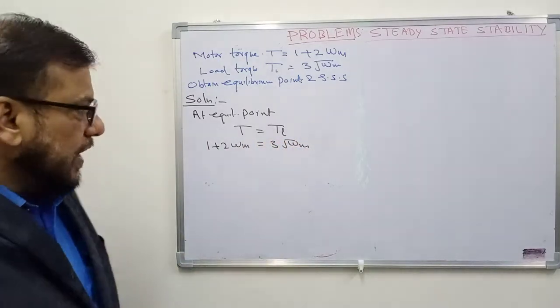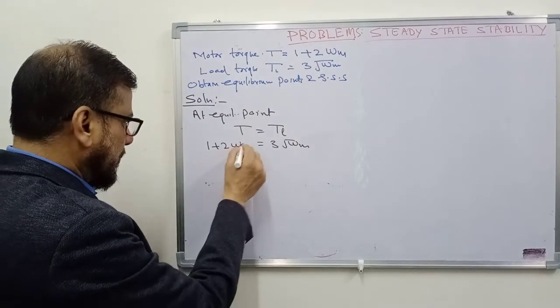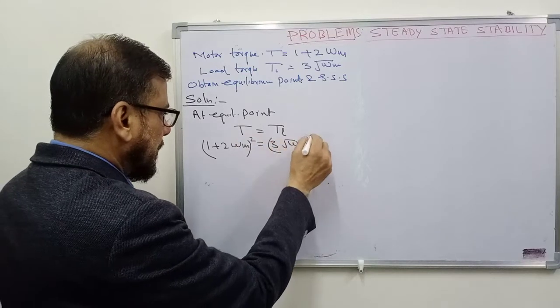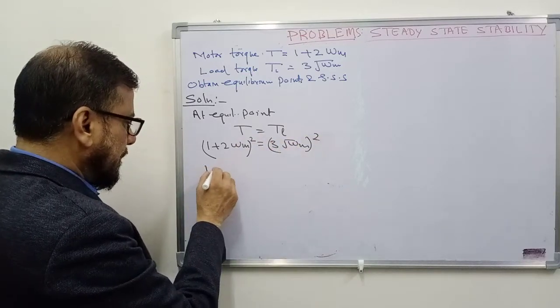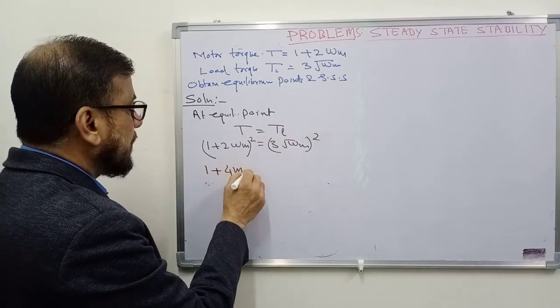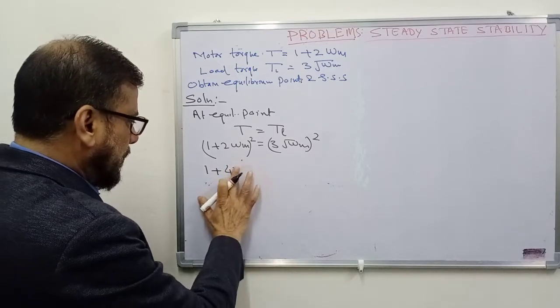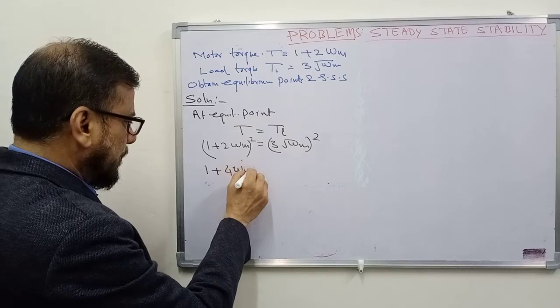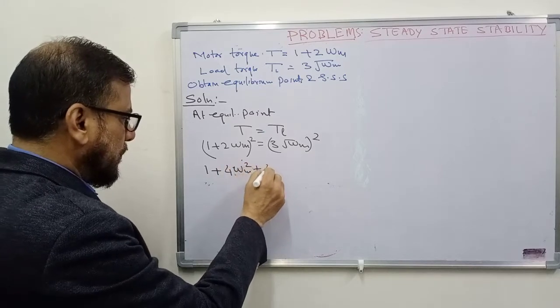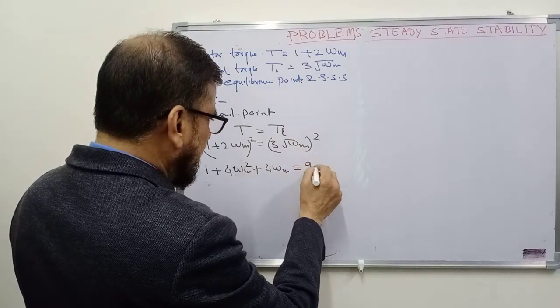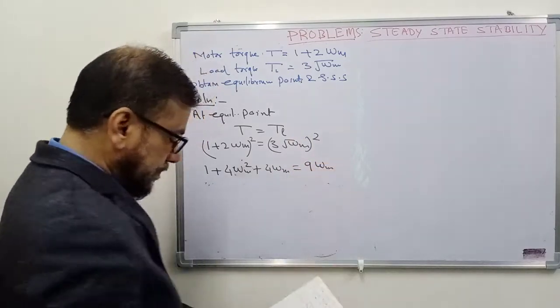Let us square on both sides. So you can write it as 1 plus 4 omega m square plus 4 omega m is equal to 9 omega m.